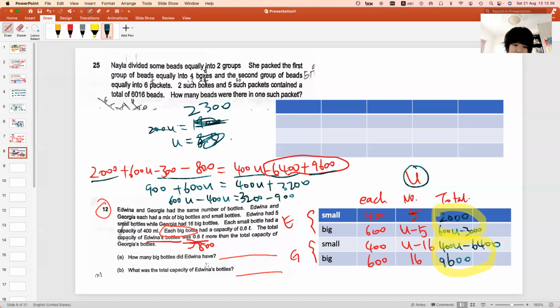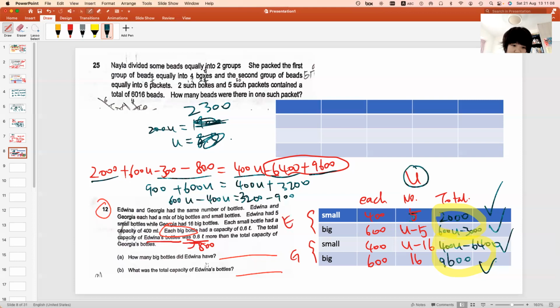Let me use the calculator for everything first. 400 times 5, 2000. So 600. Okay, then this 600 times 5, 3000. Okay, this one is good. So 400 times 16, 6400. Okay, this one is good. 600 times 16. This one is good.